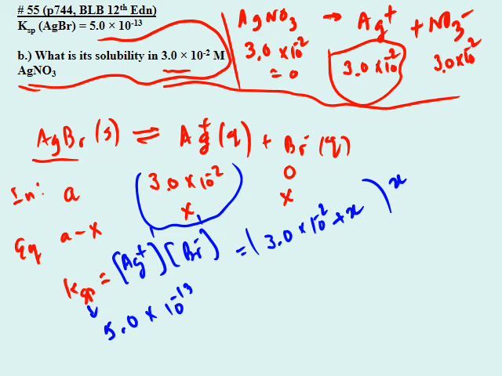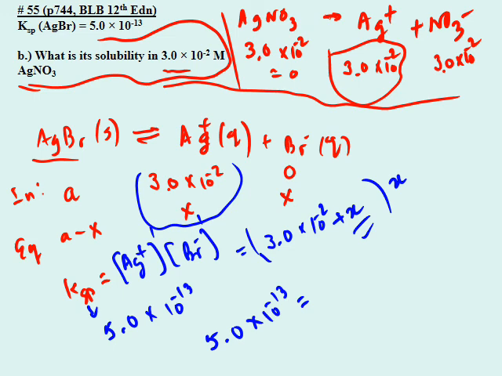Now we can make some approximation, which we did quite often. If X is much smaller than 3.0 times 10 to the negative 2, we can ignore that X. And this is what we end up with. That makes our calculation a lot easier. That means I don't need to solve the quadratic form of the equation.